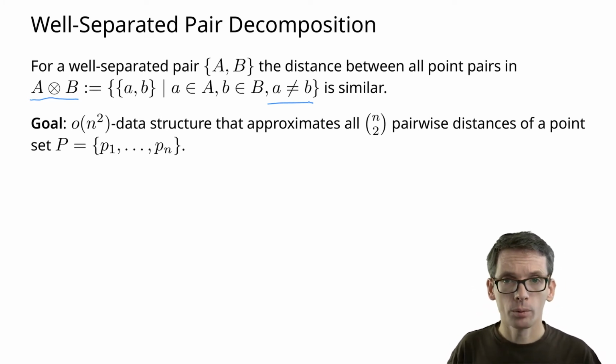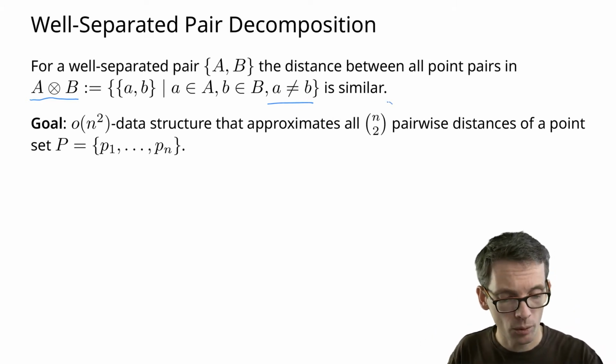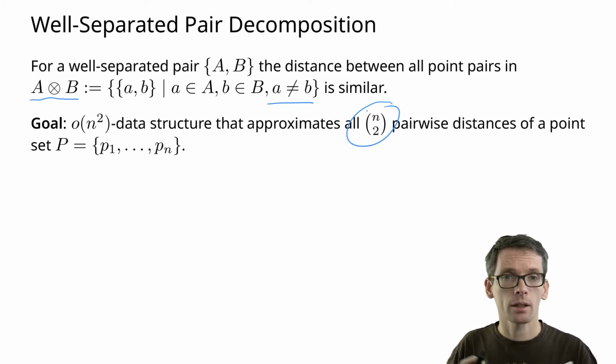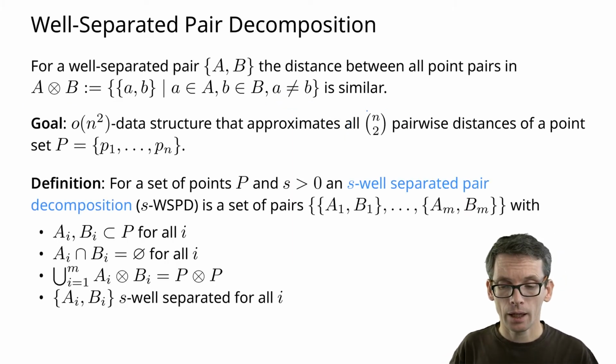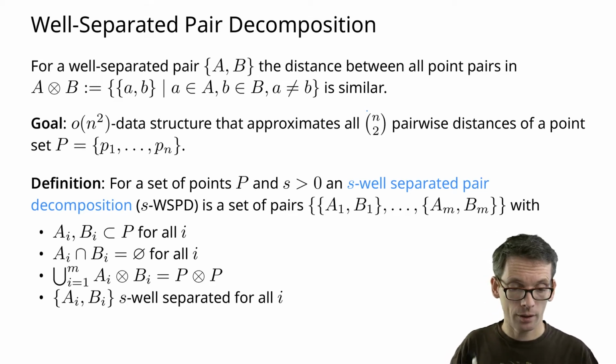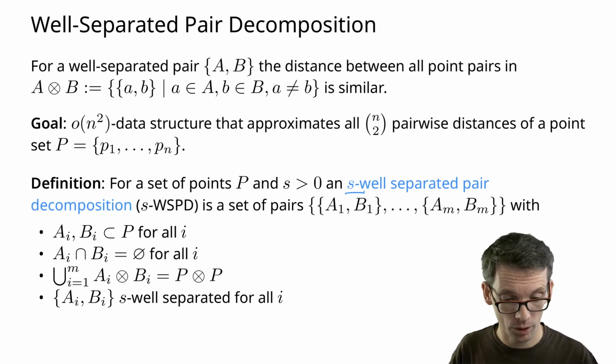So what do we want to have now? We want to have a small data structure that approximates all pairwise distances in a point set. And the data structure that should do this for us is the S well-separated pair decomposition.